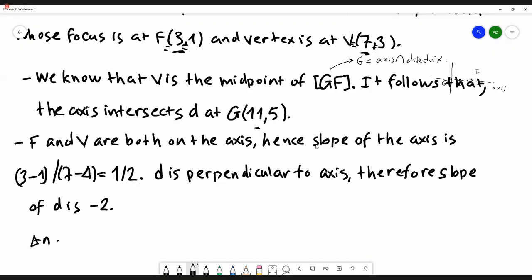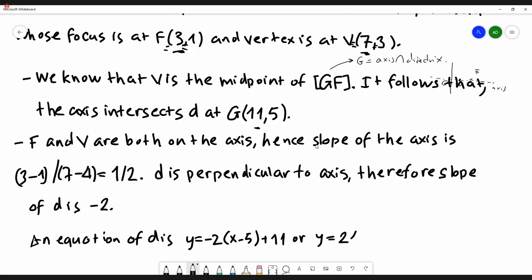Then we know the slope and coordinates of a point on the directrix. Then we can write its equation immediately as y equals -2 times (x minus 5) plus 11, or simplified, y equals 21 minus 2x. Okay, so we have seen 3 examples about obtaining the equation or deriving some information about the parabola.